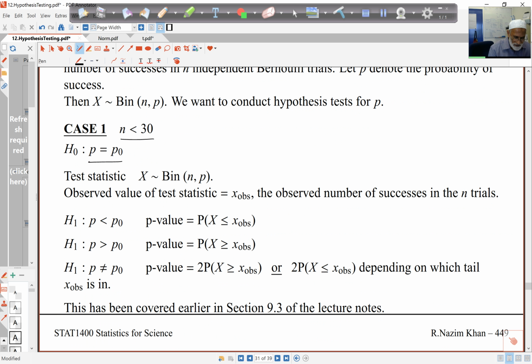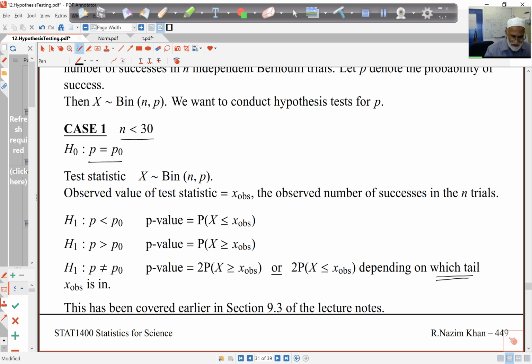If the hypothesis is on the upper side, the right-side test, then the p-value is x bigger than or equal to x observed. In every case, it is away in the extremes. And if it's a two-sided test, then all we do is take the value of x observed and go to the extreme, either the right tail and double it, or the left tail and double it. This depends on the tail in which x observed is.